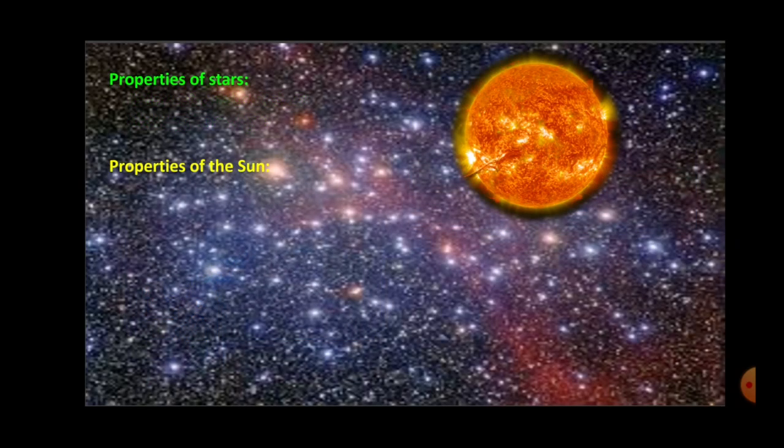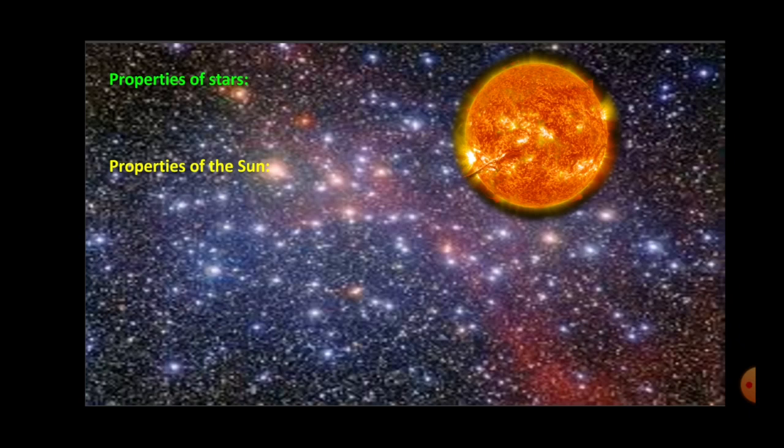Students, when we stare at the sky at night, we see thousands of stars with our naked eyes, and our sun is also a star. The sun is called an ordinary star. Why?